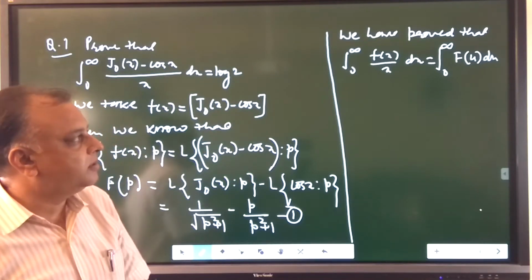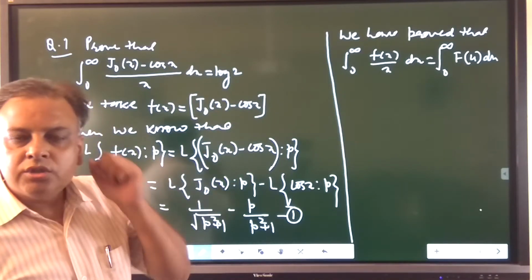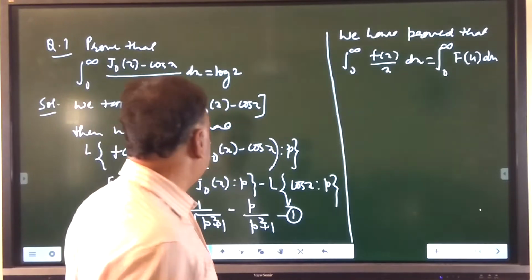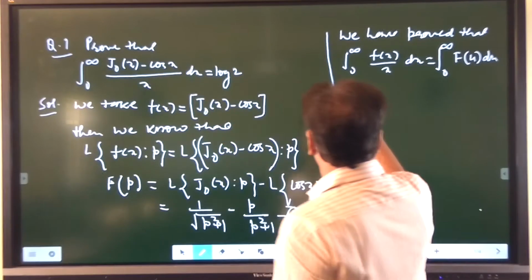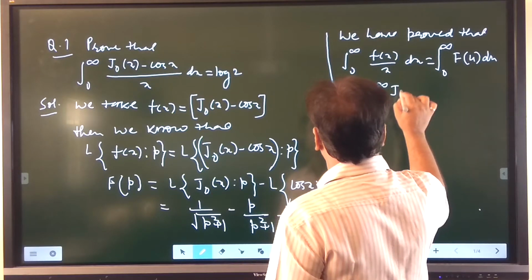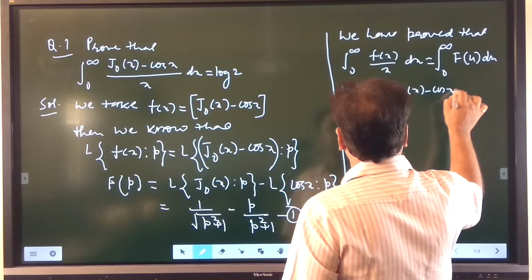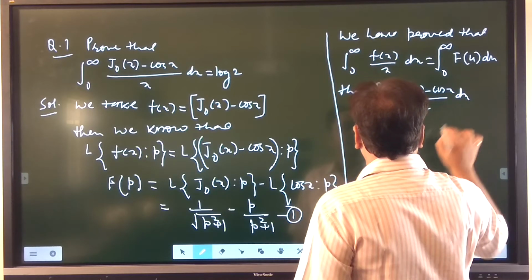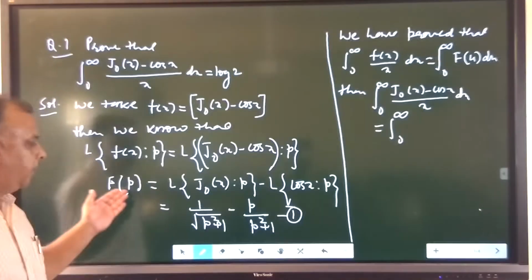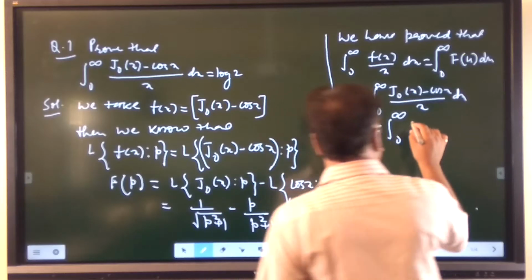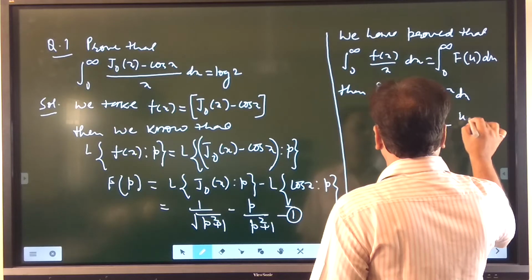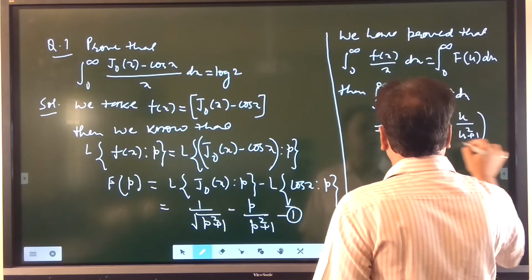So, if we apply this result, then we get the integral from 0 to infinity of (J0(x) minus cos x) upon x dx, which is equal to the integral from 0 to infinity of f(u) du. Here we have found that f(p) is equal to this one, so f(u) is equal to 1 upon under root of u square plus 1 minus u upon u square plus 1.